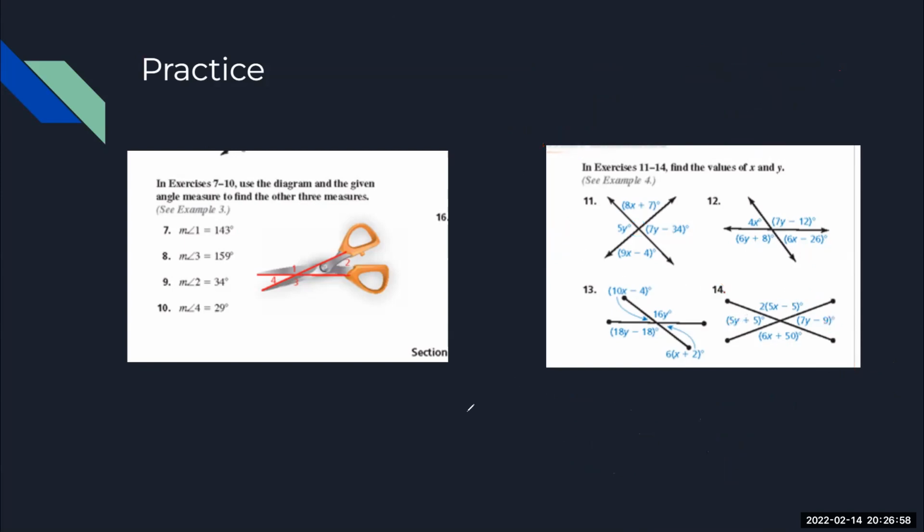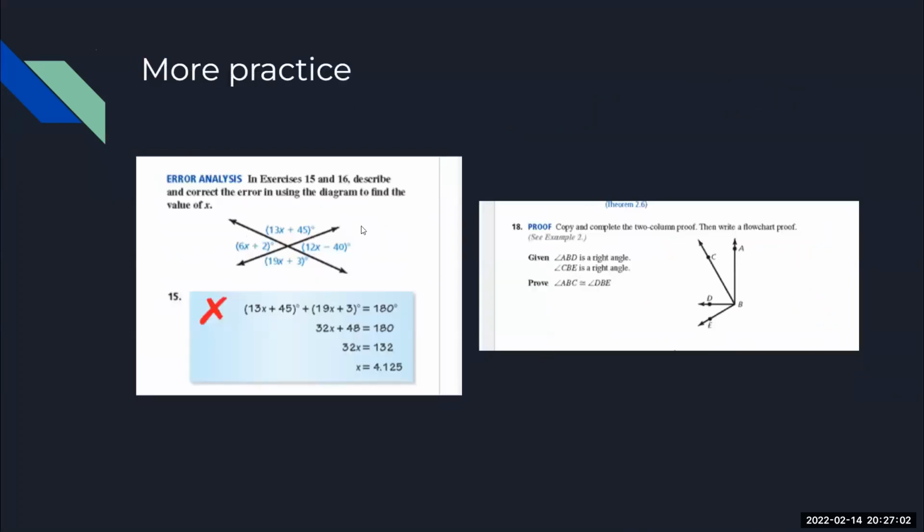All right, pretty simple. More practice. In exercises 15 and 16, describe and correct the error in using the diagram to find the value of x.